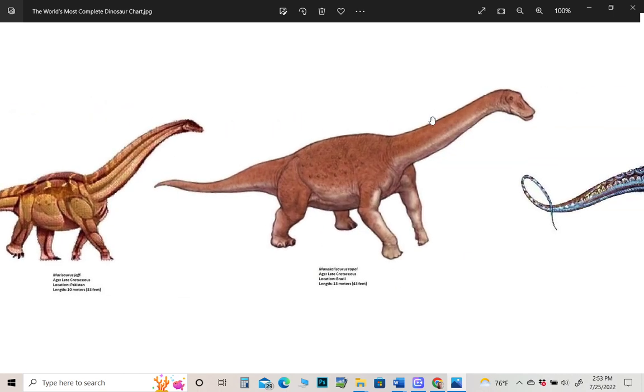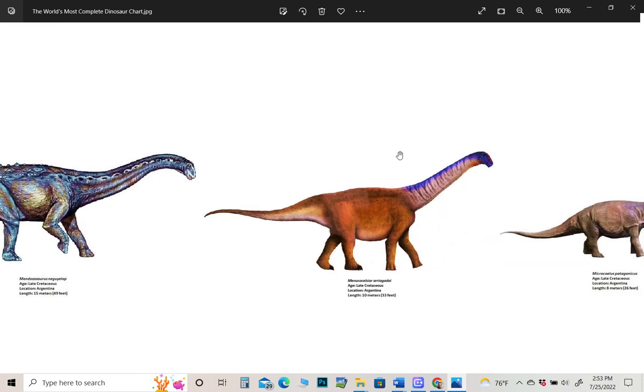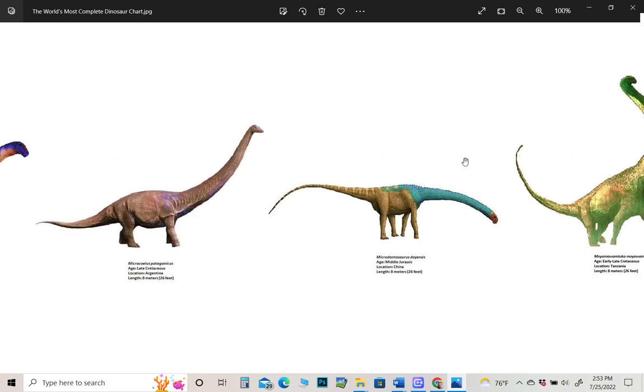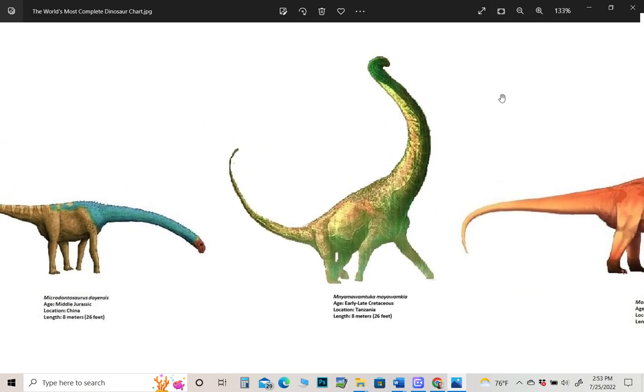Mexicalisaurus, Mendozasaurus, Celsior, I believe that was just discovered last year. Microcolus, Microdontosaurus. This one I'm not exactly certain how to pronounce. It's a Titanosaur from Africa, which is kind of a unique thing.